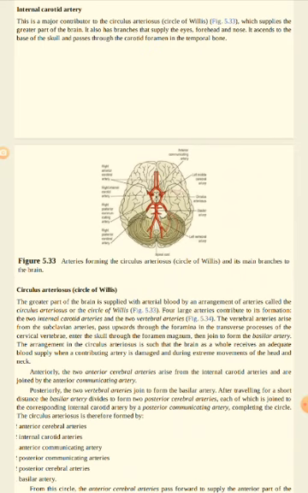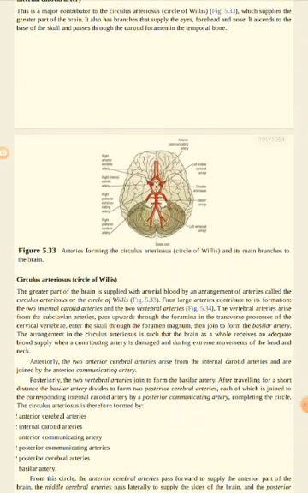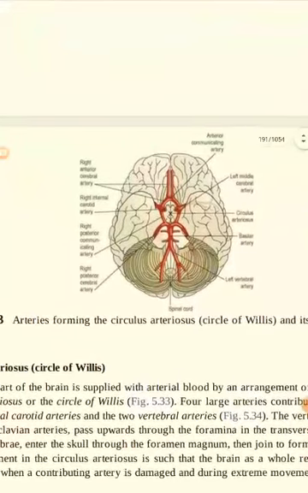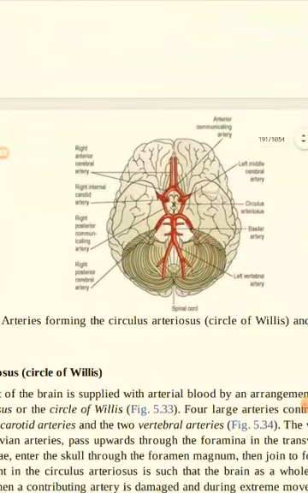Finally, it passes into the skull. It enters the skull through the foramen magnum, which is the largest foramen in the skull, and then joins to form the basilar artery. I'll show you. The left vertebral artery and right vertebral artery both join together to form a common artery called the basilar artery.